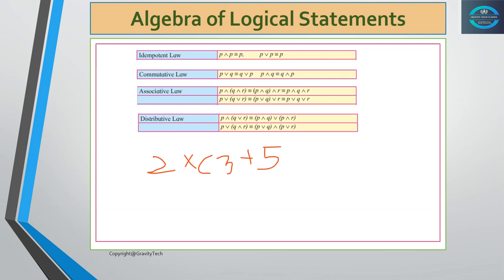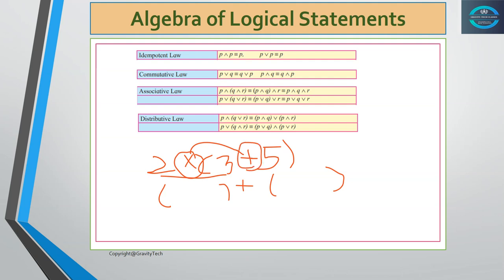The distributive law applies here first, so it means multiply will be distributed over plus. How will we distribute? First we will say 2 into 3, and then we will say plus 2 into 5, correct? That's how it will be. So what we basically did is distribute the multiplication sign over plus.